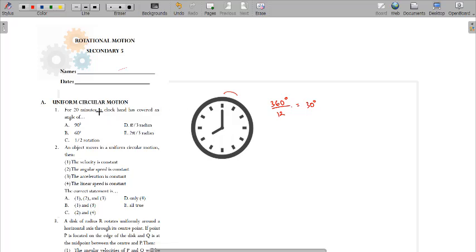So if 20 minutes, it's 4 digits until here, right? 1, 2, 3, and 4. So 30 degrees times 4 digits equals 120 degrees. So 20 minutes equals 120 degrees.